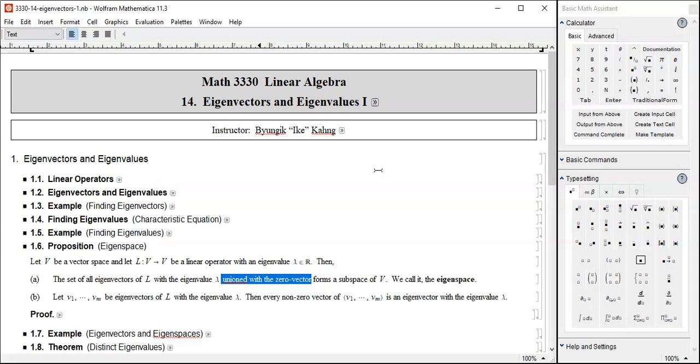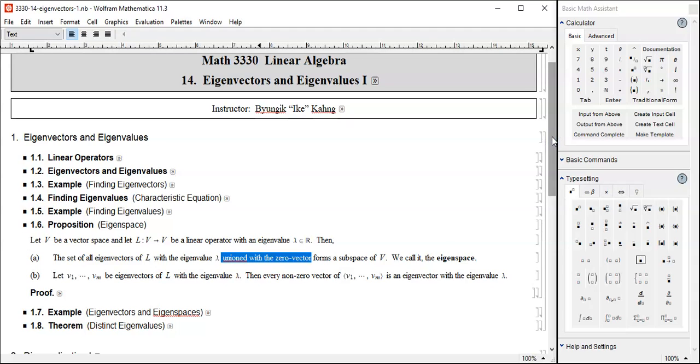Some other textbook authors allow the zero vector to be an eigenvector, and then this union is not necessary. It is kind of related to orthogonality: the zero vector is orthogonal to every vector. Likewise, it is possible to define the zero vector as an eigenvector for all eigenvalues, but our textbook author did not do it that way.